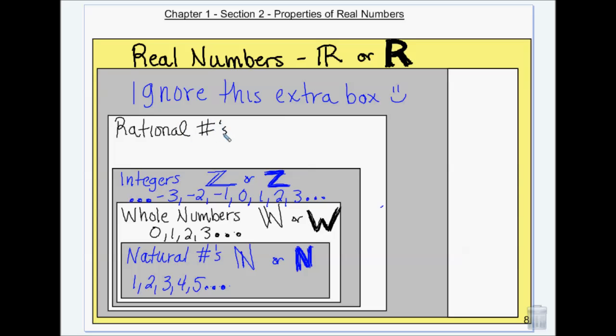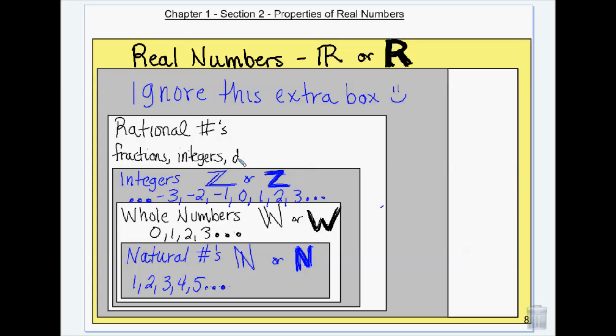Okay. And the definition of a rational number is a number that can be written as a fraction. Okay? So we have fractions. Okay. We have all the integers and the whole numbers and the natural numbers because they all fit inside the same doll, right?